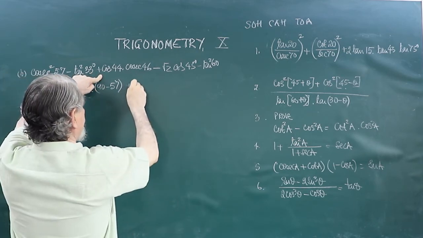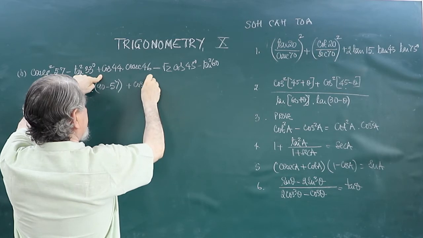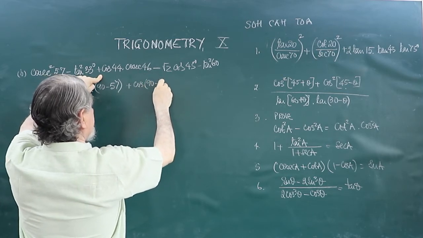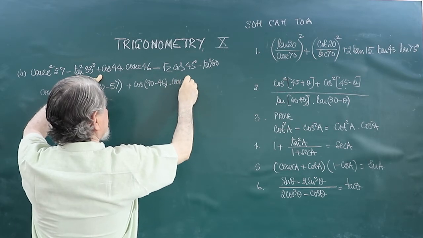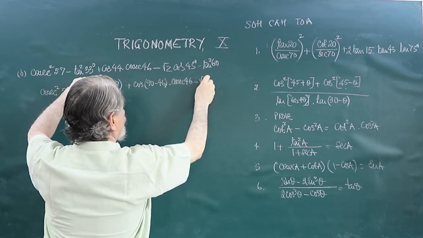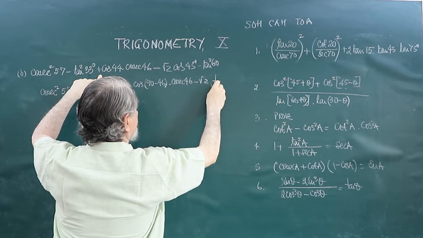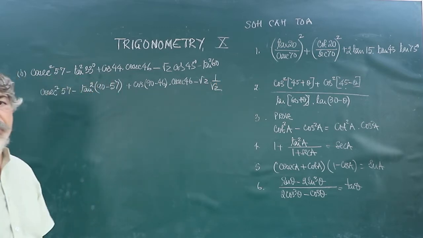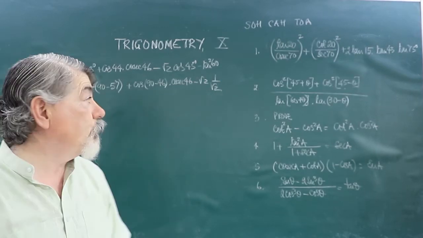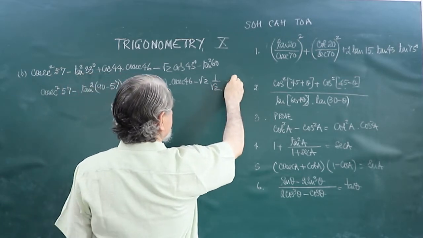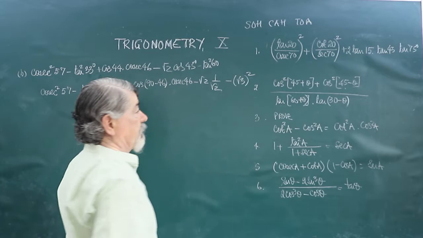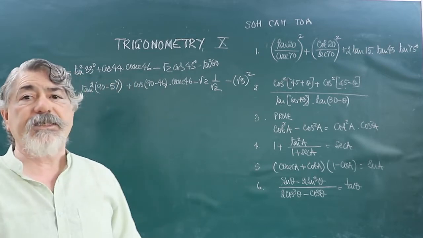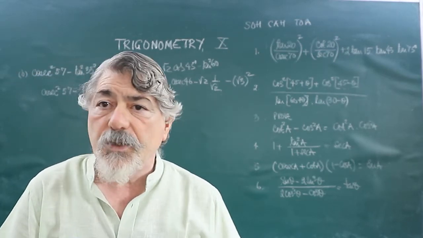Similarly, cos 44, I can write as cos of 90 minus 46, and this is cosec 46 minus root 2. Cos 45 is 1 upon root 2. We know the value of cos 45 is 1 upon root 2, and tan 60 is root 3, so root 3 whole square.